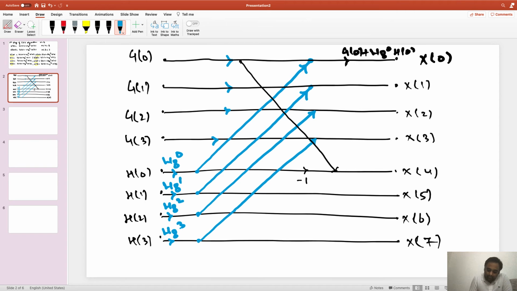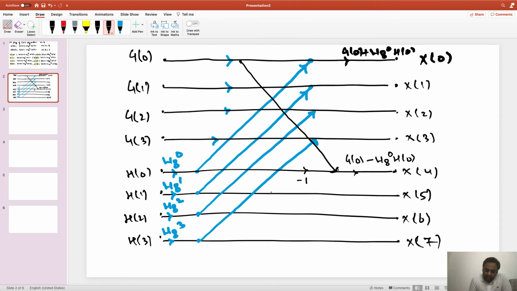Just a second. So this line here is G0 minus W8^0 H0, which represents our X4.